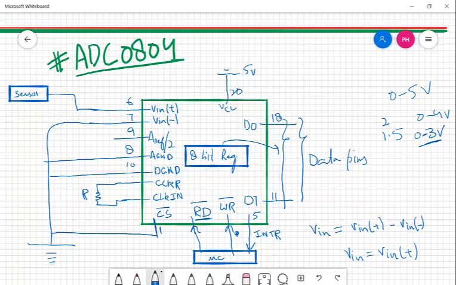Clock R is pin number 19 and clock in is pin number 4. The value of this capacitor and resistor actually determines the conversion time of the ADC.